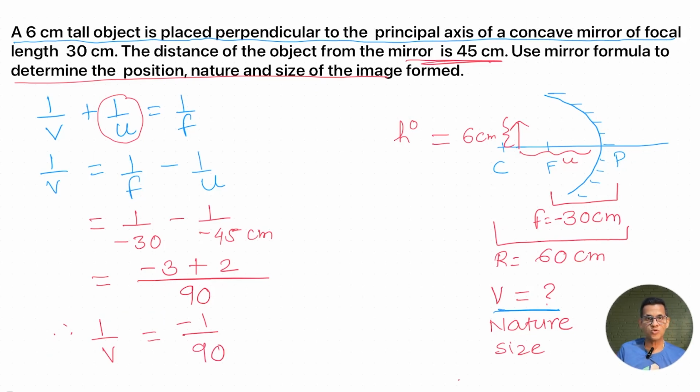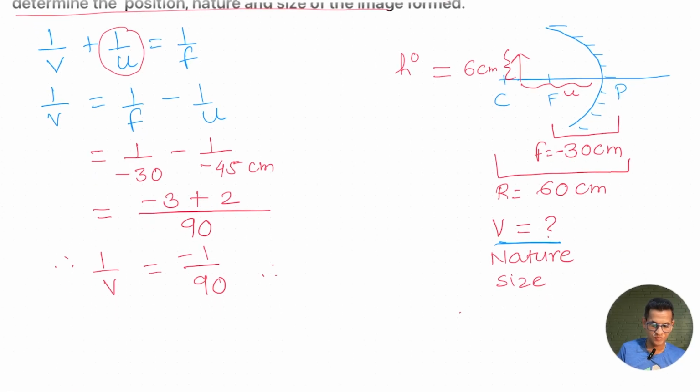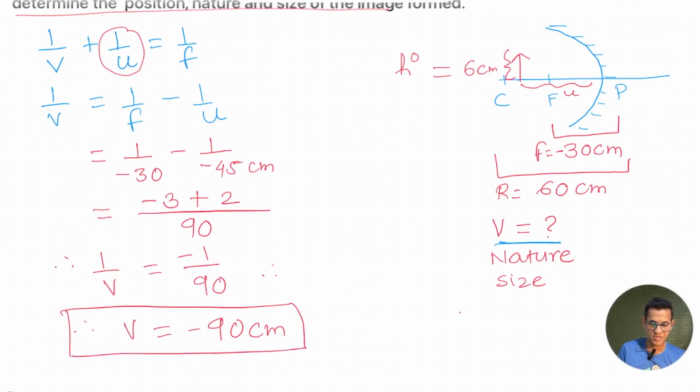I'll take the reciprocal on both the sides. Therefore, V is equal to negative 90 centimeters. So this is the position of the image. The image is formed at 90 centimeters in front of the mirror on the left hand side.